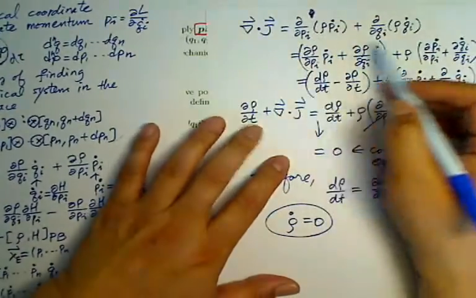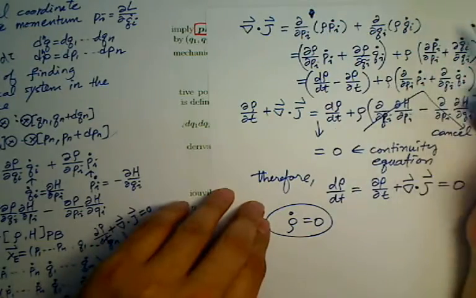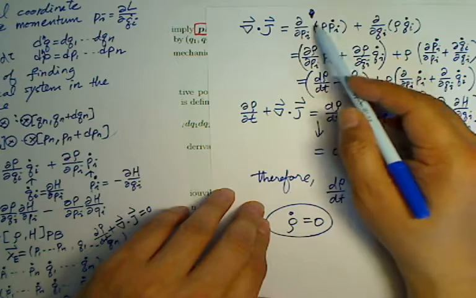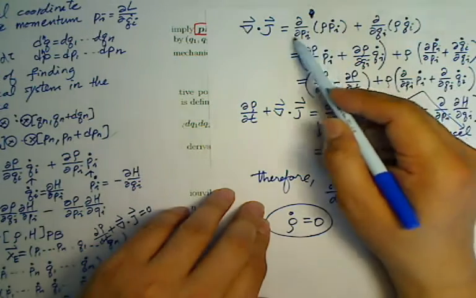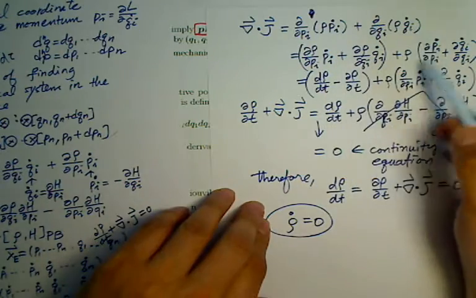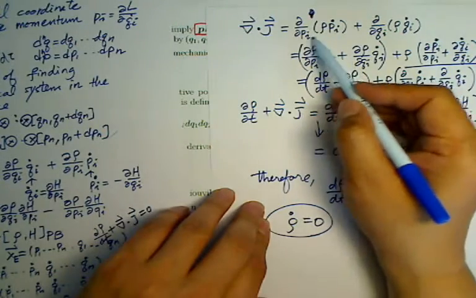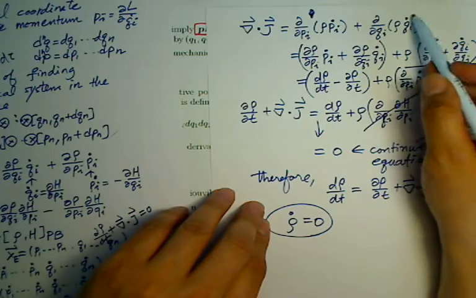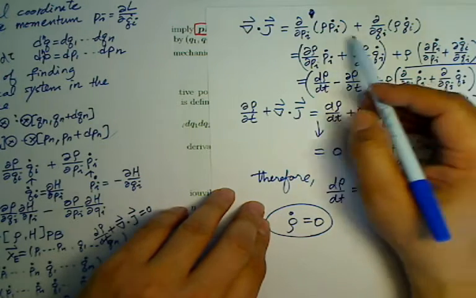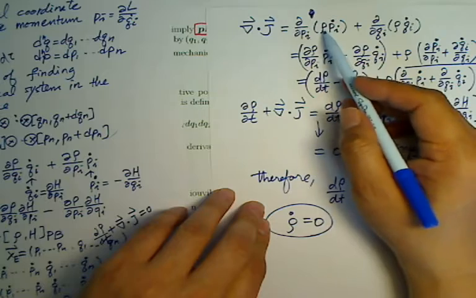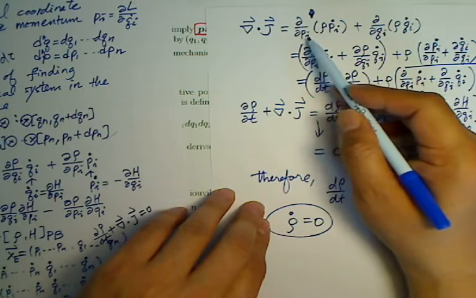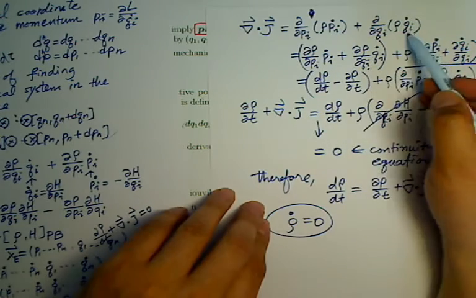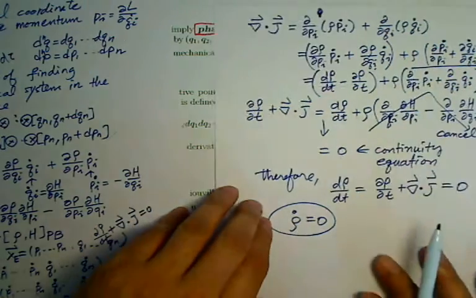If I consider this, I have two pieces. Rho is factored out, and this derivative is applied to the last factor. These two are the pi derivative for the pi dot and the qi derivative for the qi dot. The first one is the rho derivative with respect to pi and the rho derivative with respect to qi, with pi dot and qi dot factored out.